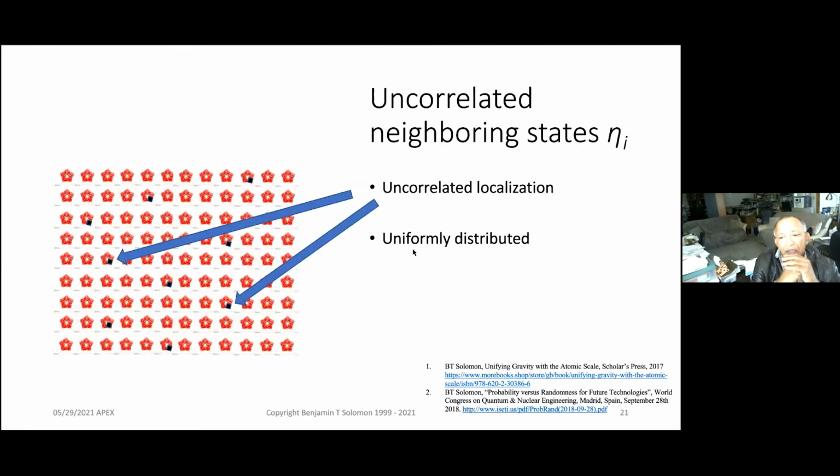Okay, so talking about probability fields, the reason why I'm bringing this up now is because I needed to explain an experiment later.